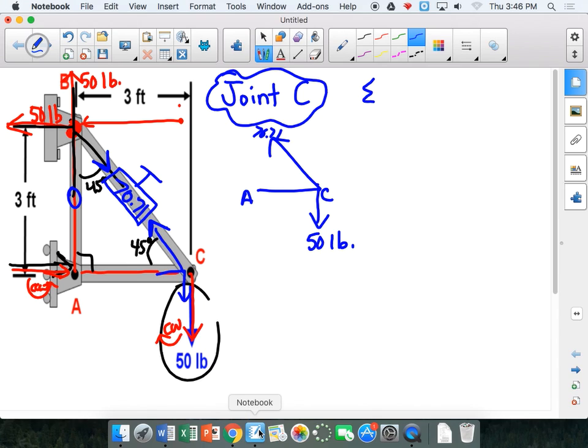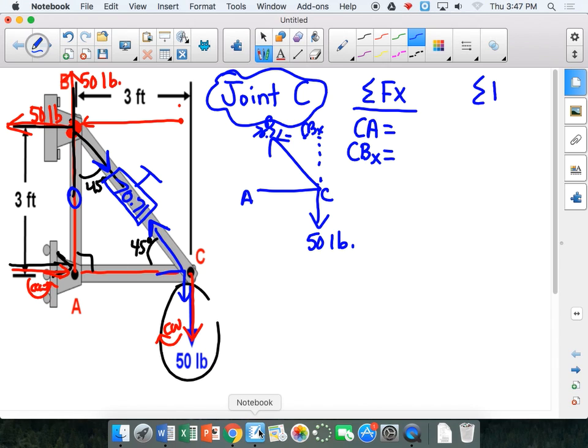So our forces in the x direction are CA, which I don't know, and CB in the x direction. That's this component. So this is CB in the x direction.